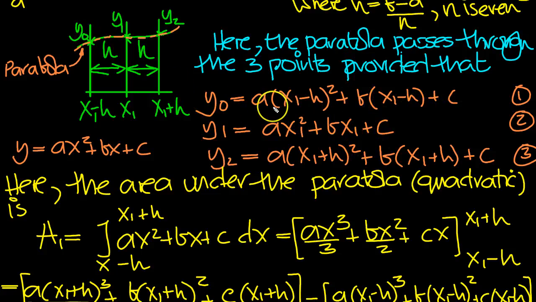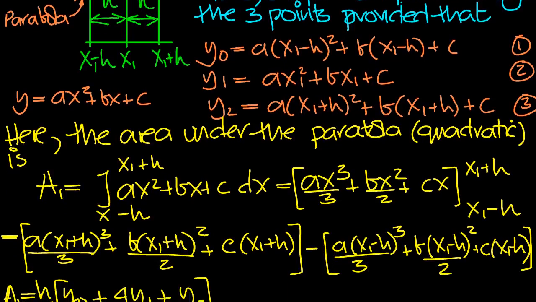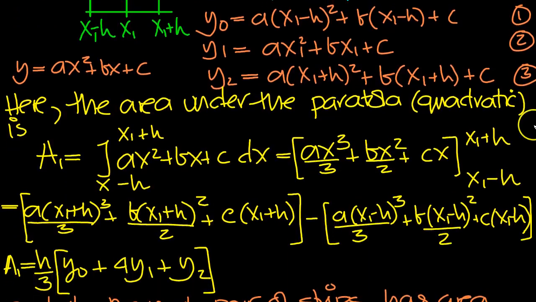So the y0 value will equal, basically you put this x value into the input values here and here. So you get that equation. Then you put x1 into here and here in the quadratic. And then of course you put x1 plus h in both here and here, and you get the value of y2. So you need to solve these 3 equations in 3 unknowns for a, b and c. And we can do that, can't we? Generally speaking.